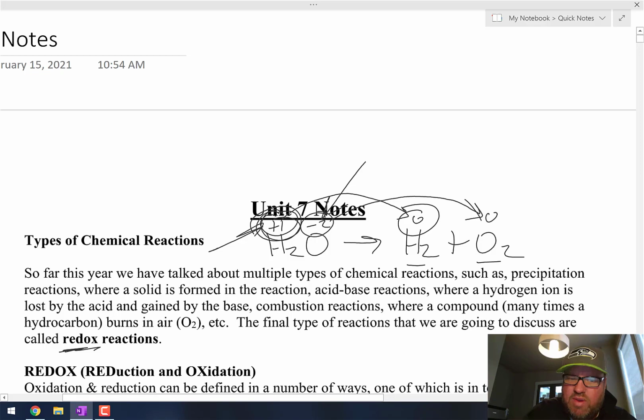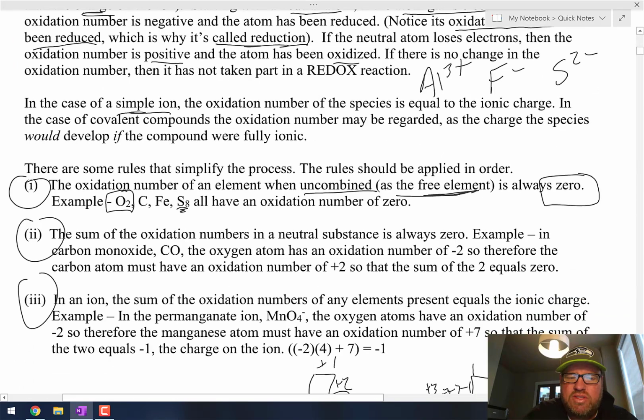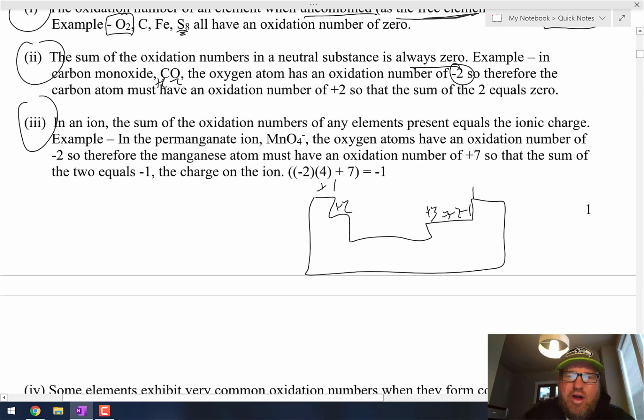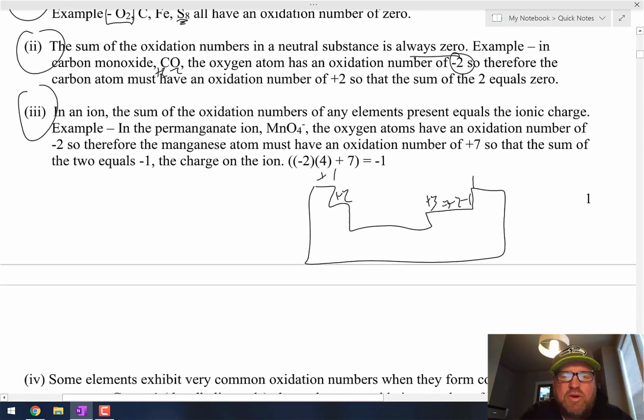Okay, when you add up the oxidation numbers, like again with water earlier, I said oxygen's -2. So to get back to 0, hydrogen's +1. This is kind of like what we did with ionic compounds. The sum of the oxidation numbers is equal to 0. So in carbon monoxide, oxygen is -2. So if oxygen's -2, to get back to 0, the carbon must be +2. Okay, if it's an ion though, then obviously the oxidation numbers must add up to the charge on the ion.